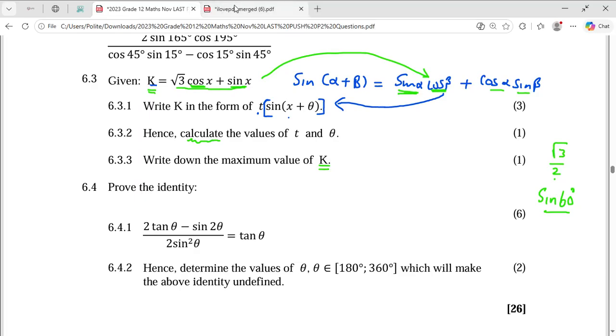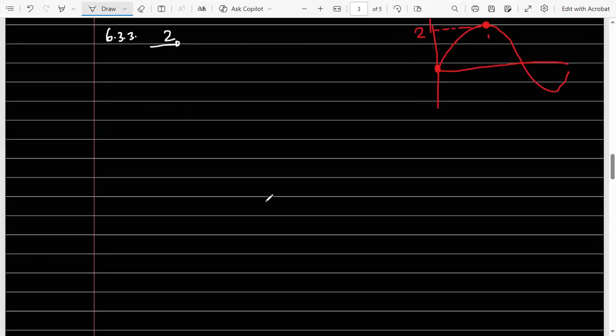But let me just work on this. So I'm going to rewrite the question and I'll definitely start working on that. I'm given that the identity on 6.4 is given as 2 tan theta.